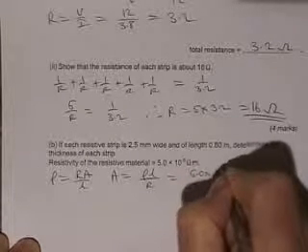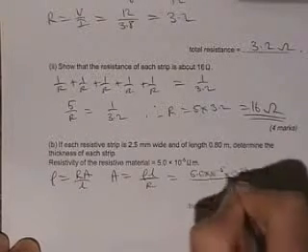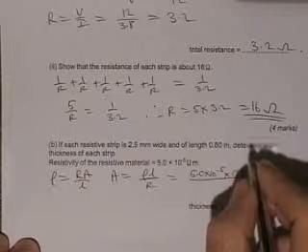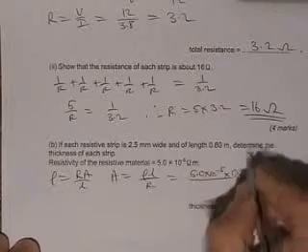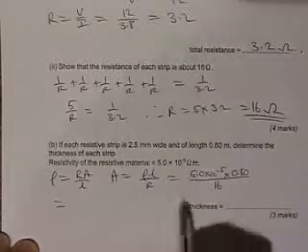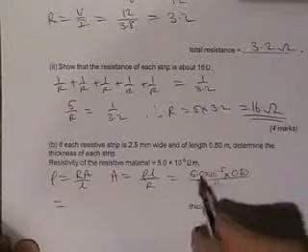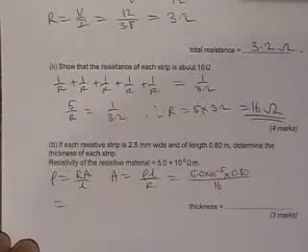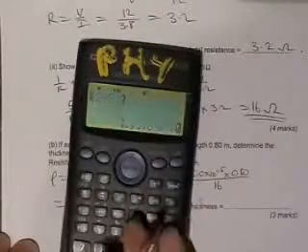5.0 times 10 to the minus 5 times length is 0.80 divided by the resistance, which was, for each strip, 16. Short of space here. That was a bit bad planning, but I overwrote the question. Could do it in my head, but I bet you wouldn't.